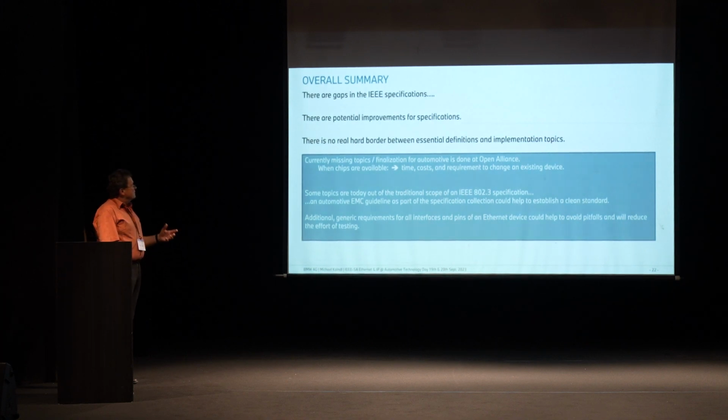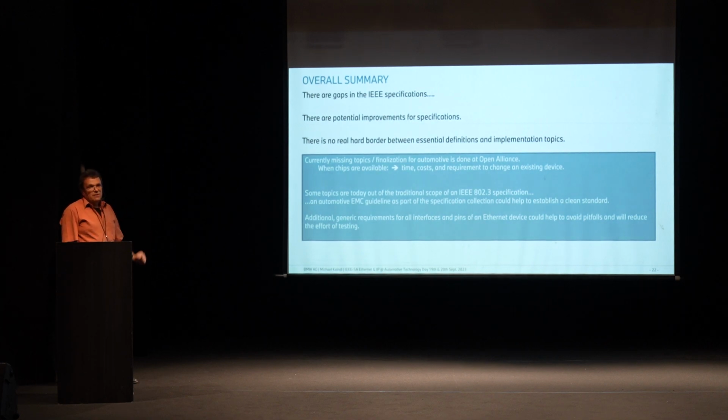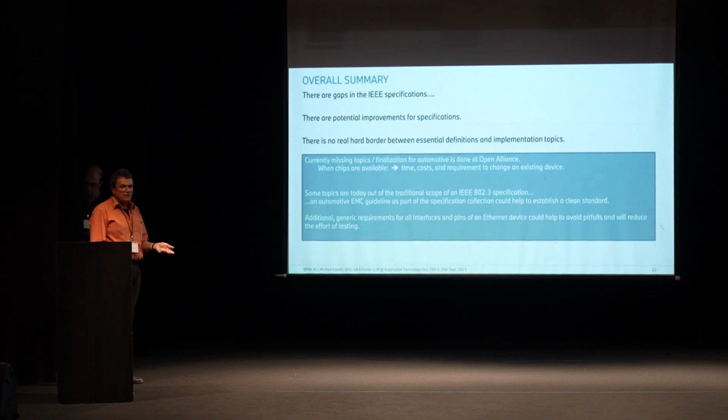Currently, missing topics are finalized at the Open Alliance for Automotive Ethernet, and this is done when the chips are available and then changes are made. We have lost time, we have extra cost and potential. We have to change existing devices and existing architectures.